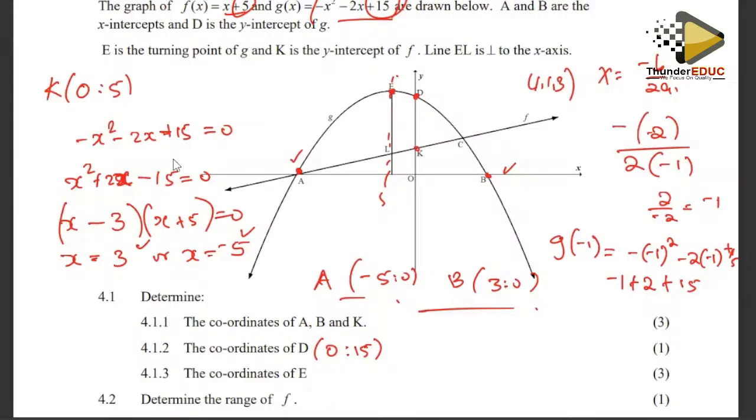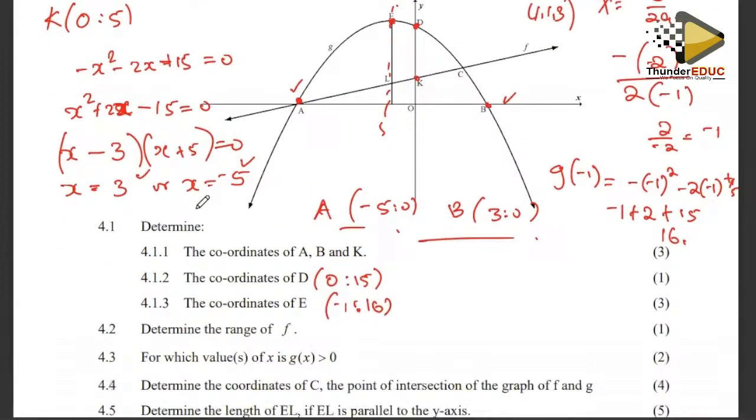Well, it makes sense though, because we said negative 1 squared, minus 2 times negative 1, and we are adding 15. So this is a 2, which makes it 17. 17 minus 1 is 16. So E is going to be negative 1 and 16.